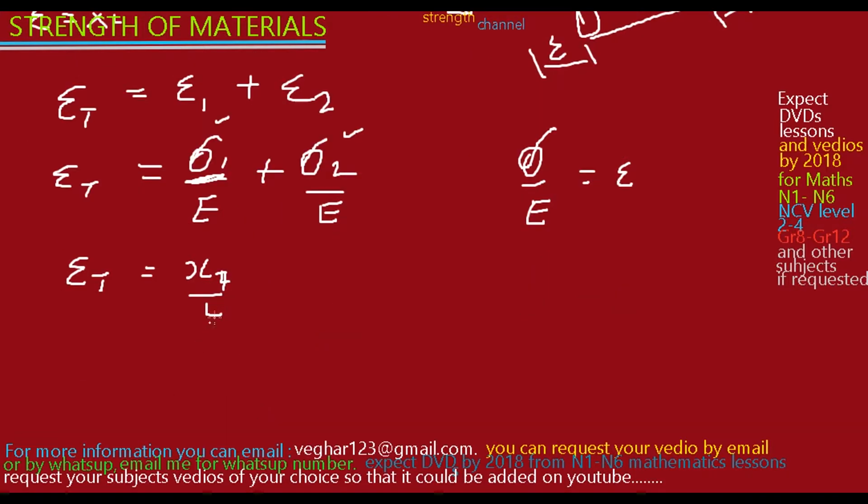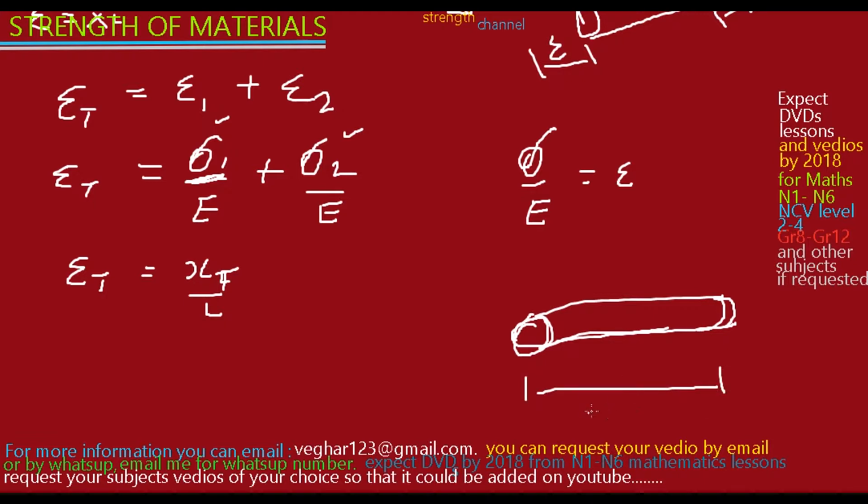Because you know the length of this bar, the initial length, not the final one. This is the initial length. So when you calculate the new strain, you'll put your new strain here, and let's say it's 0.03.